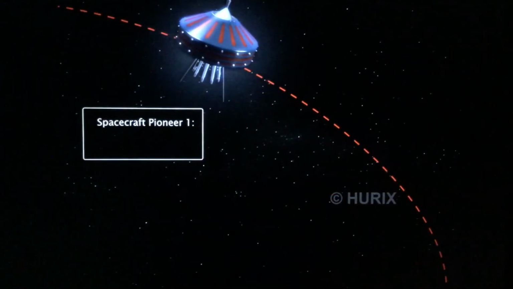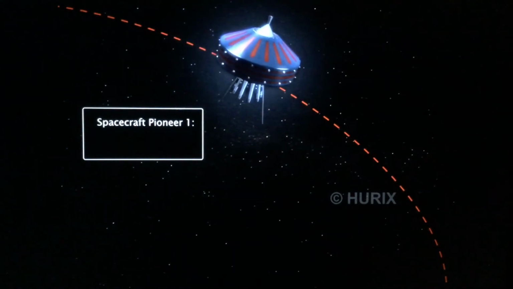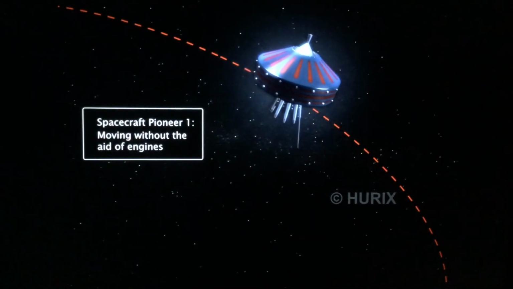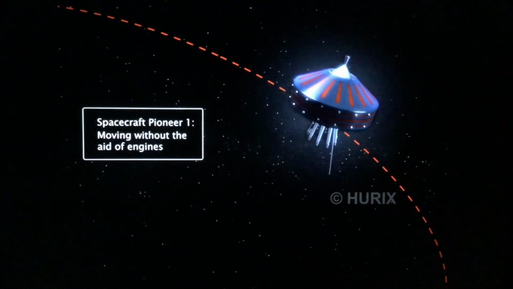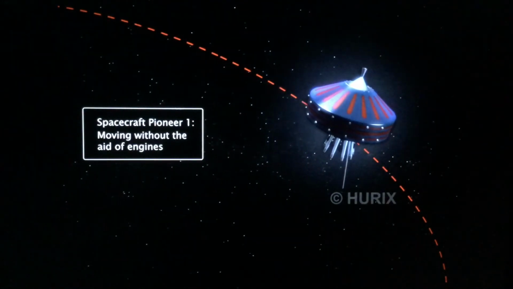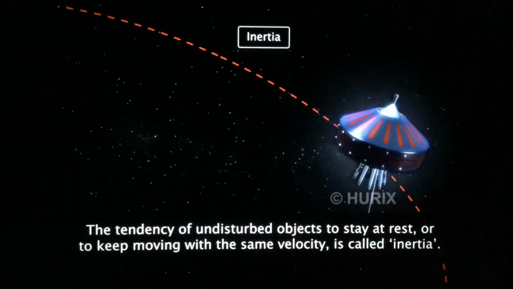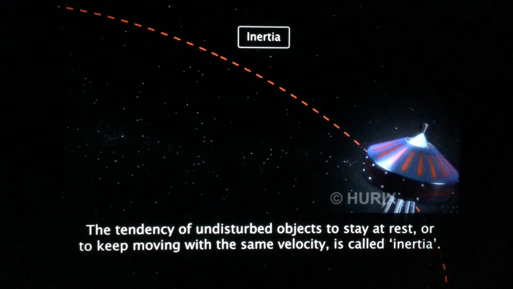Consider the example of spacecraft Pioneer 1, launched about 20 years ago. Deep in space, it keeps moving even without the aid of engines, because there is no frictional force in space to stop it. The tendency of undisturbed objects to stay at rest or to keep moving with the same velocity is called inertia.